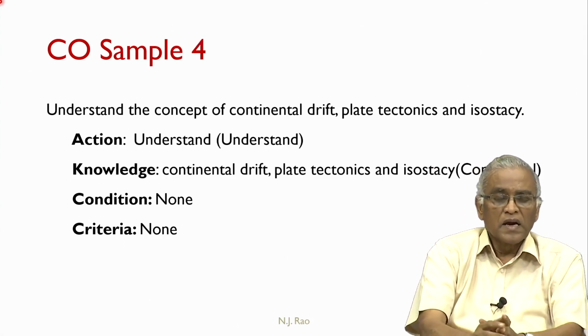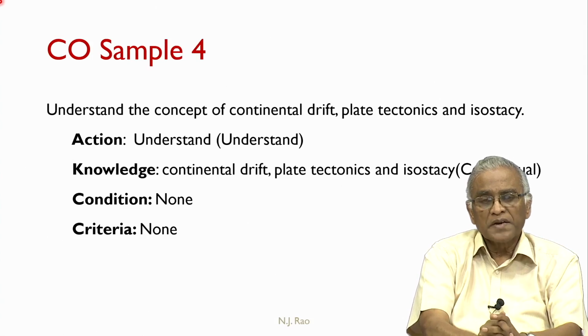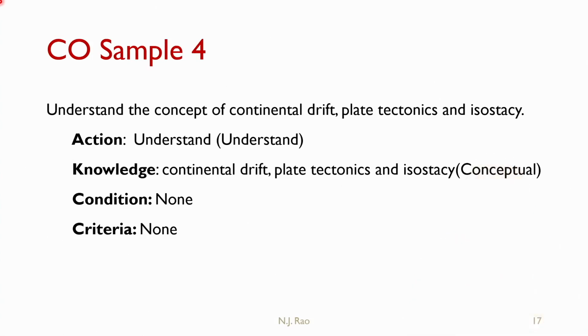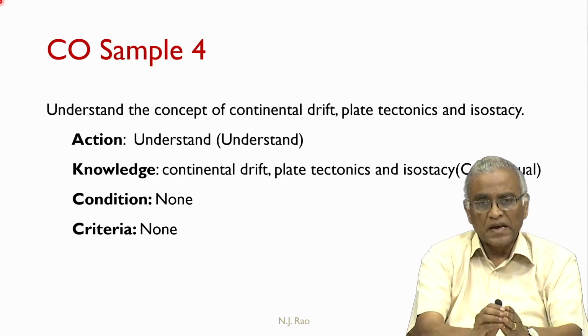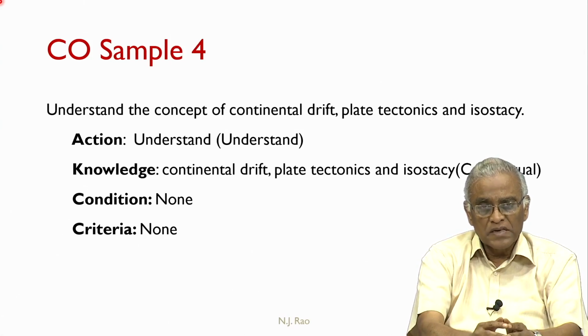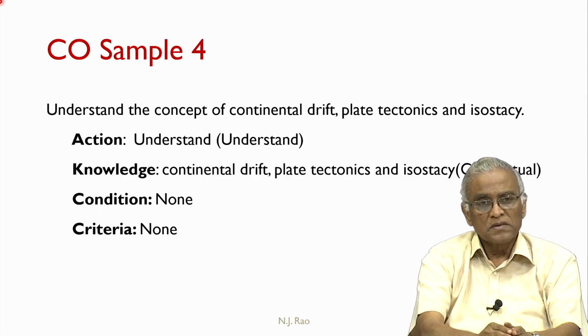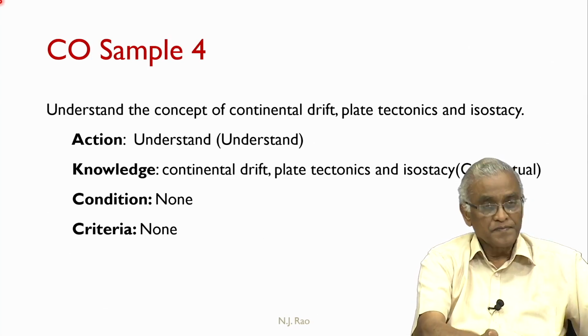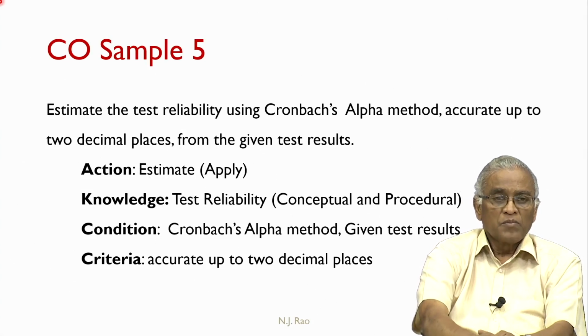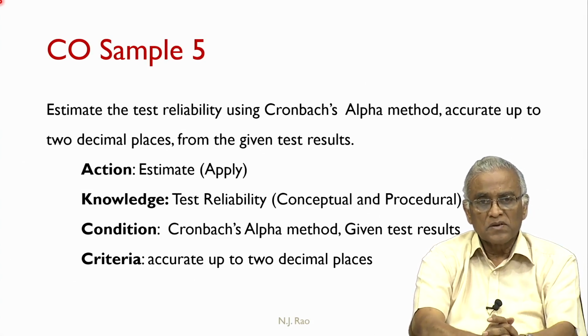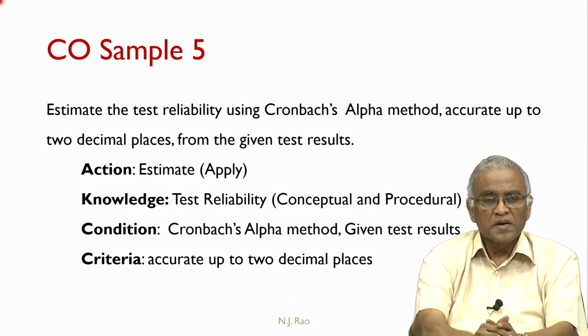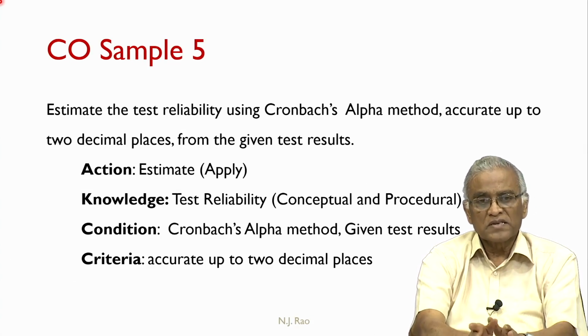Sample 4, understand the concept of continental drift, plate tectonics and isostasy. Now the action is understand, and the knowledge elements are continental drift, plate tectonics and isostasy, and all are conceptual. There is no condition, there is no criterion. Sample 5, estimate the test reliability using Cronbach alpha method, accurate up to 2 decimal places from the given test results.